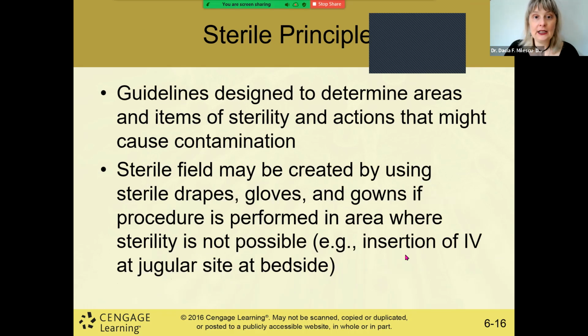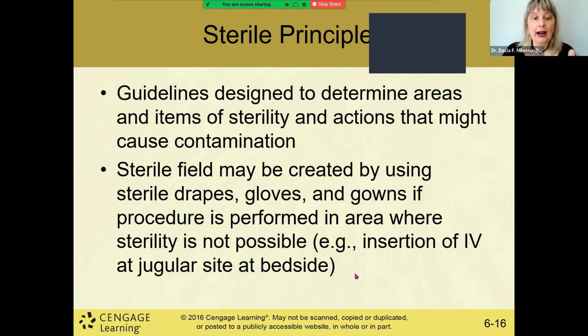All right, so guidelines for determining the areas of sterility: everything from the elbow down distal is sterile, okay? Everything below the chest is not sterile. Below the navel is not sterile. So if you're standing, everything above the table is the sterile field, okay?